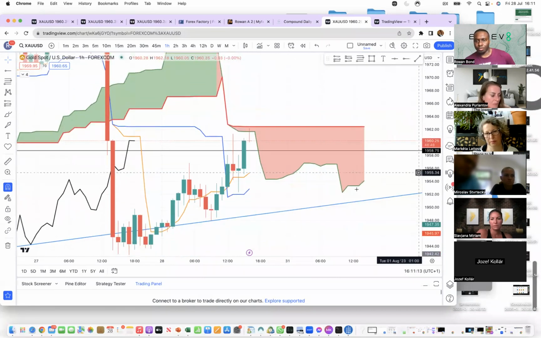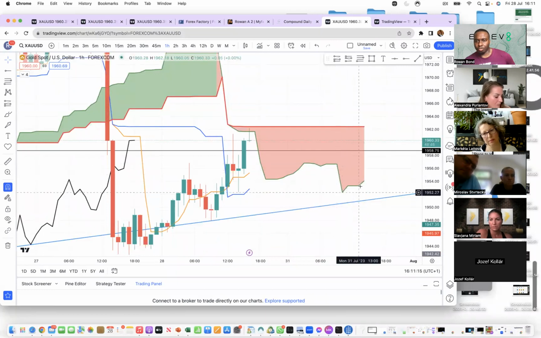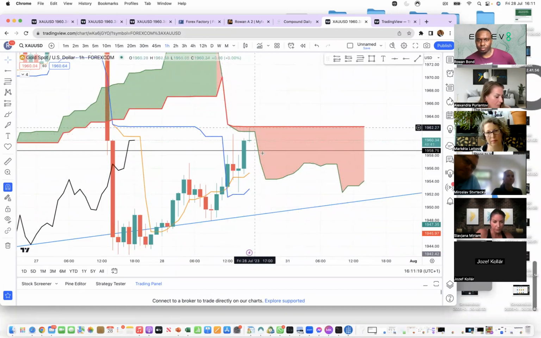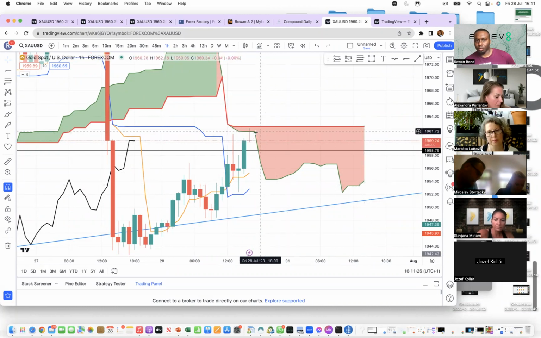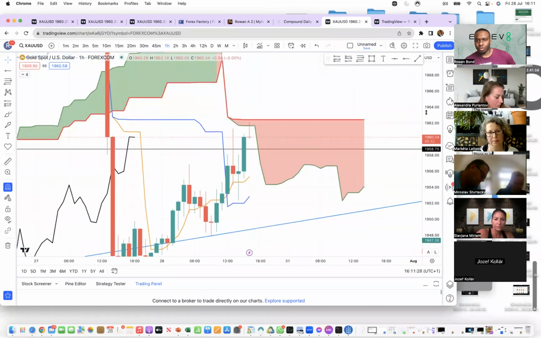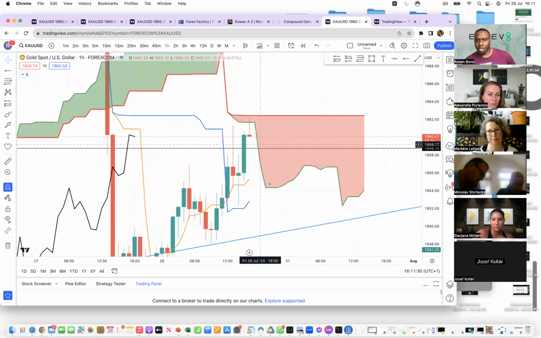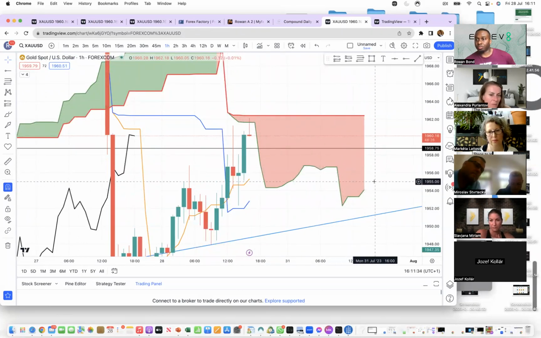But just to give you an idea, this green line on the side of the cloud is called the span A. The price also uses the span A as resistance or support.